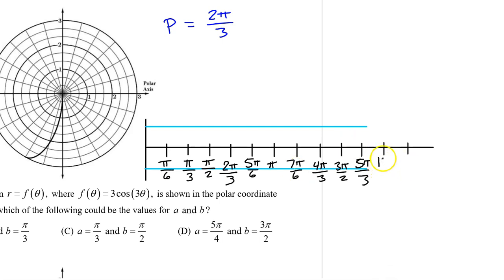Then we have 11 pi over 6, and of course, 12 pi over 6 is 2 pi.